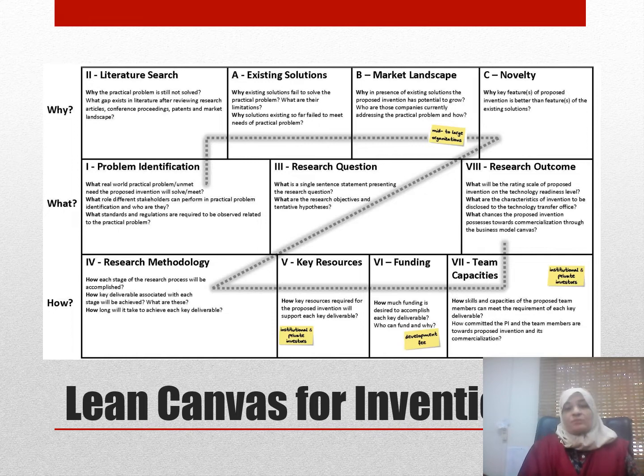I interacted with these managers and asked them what kind of questions they really demand from an academic inventor when they come with their inventions. Trust me, they gave me a list of 101 questions.